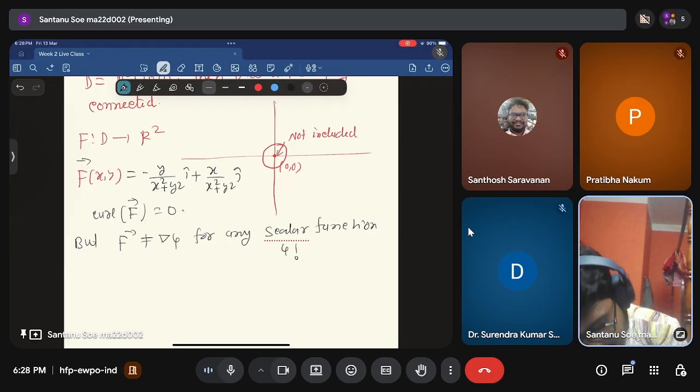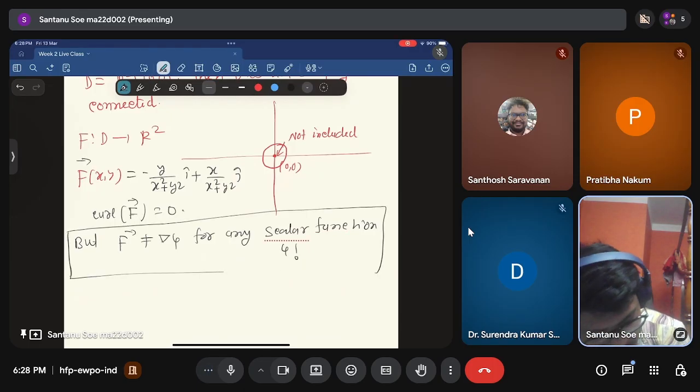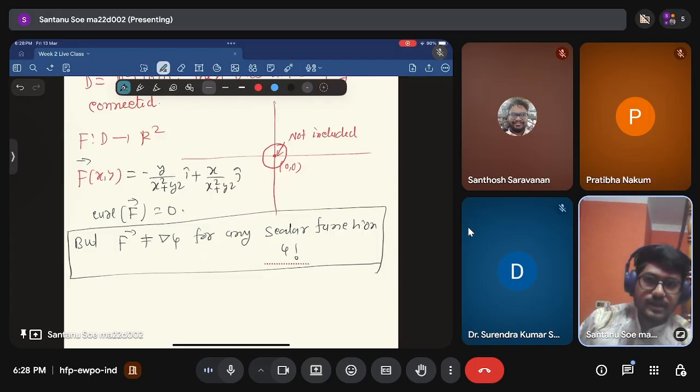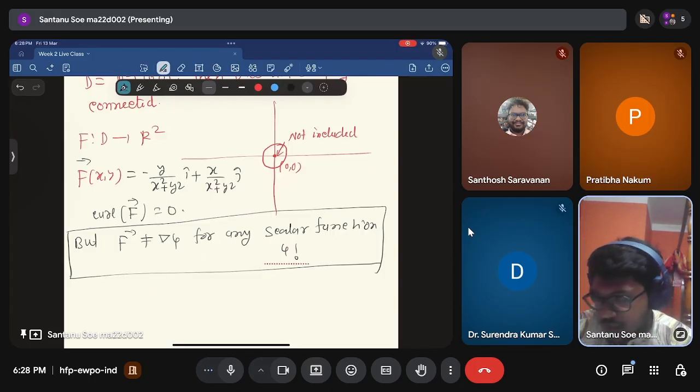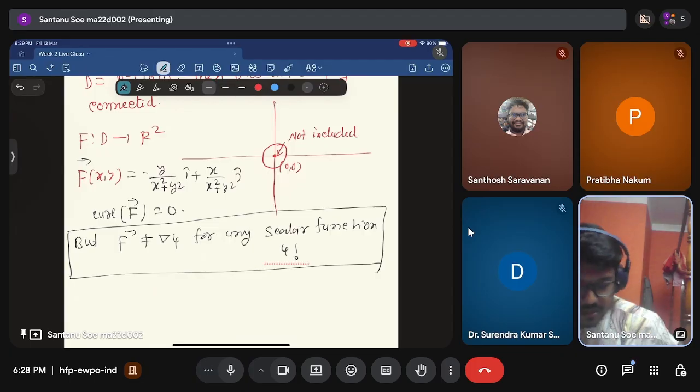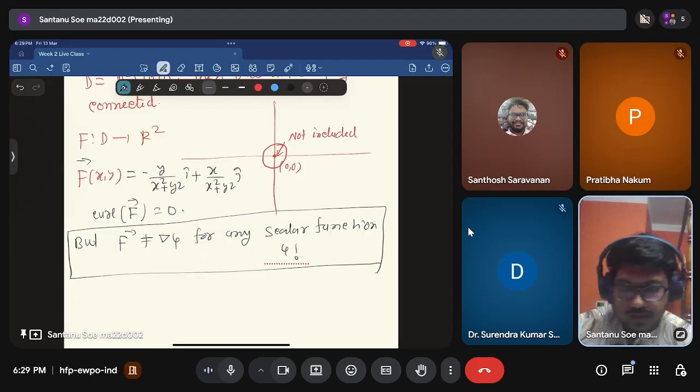Okay. So this is an exercise also, I can say. So try to verify that the curl will be 0. However, this f cannot be written as a gradient of some scalar function. Okay, because you can prove it using the method of contradiction. So suppose it holds for some phi, then you get a contradiction, that the function should not be written like this. Okay. So I hope these results will be useful later.